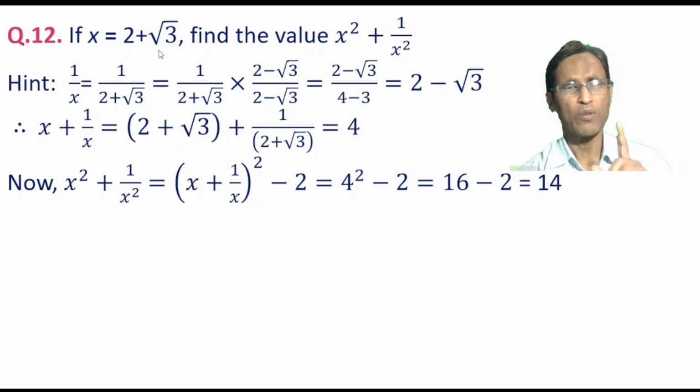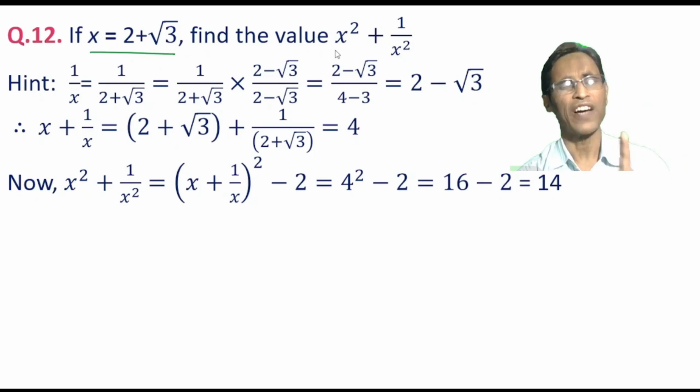If x equals 2 plus root 3, find the value of x square plus 1 by x square. Here we have been given the information about x: x is equal to 2 plus root 3, and using this information we have to find the value of x square plus 1 by x square.